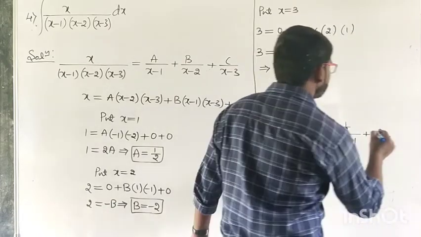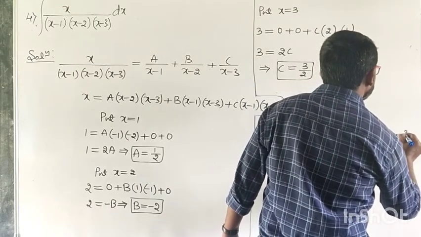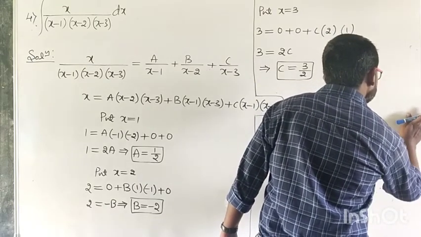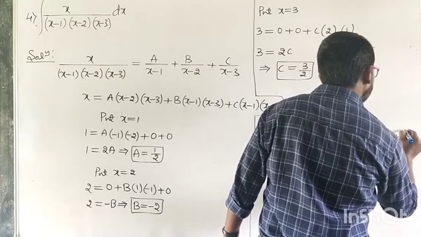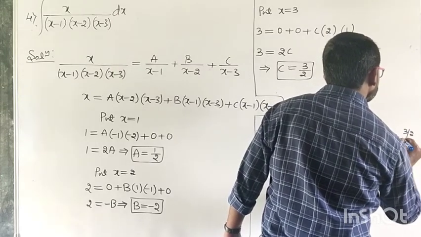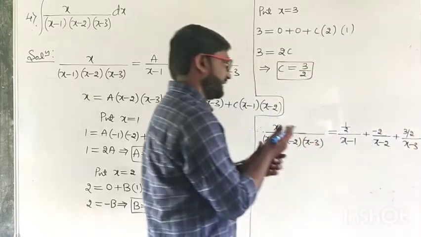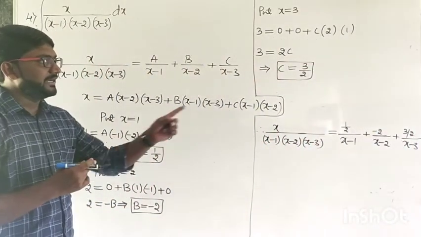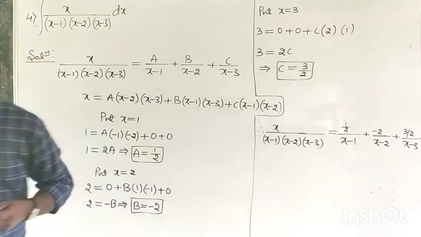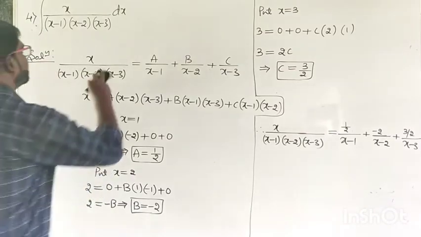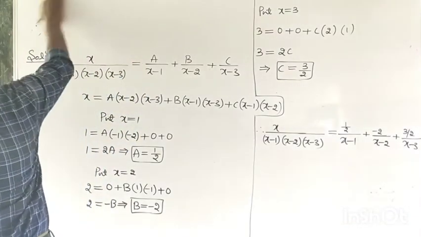Then plus c, that is 3 by 2. The c value is 3 by 2, divided by x minus 3. So in the next step, we have to integrate both the sides. Then we get the final answer. So for that, we have to rub this.